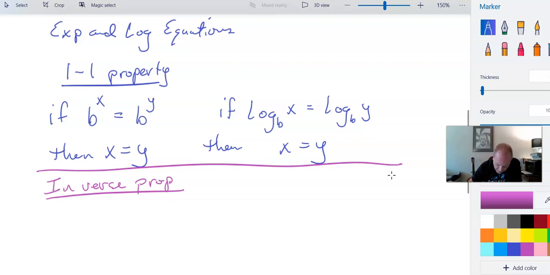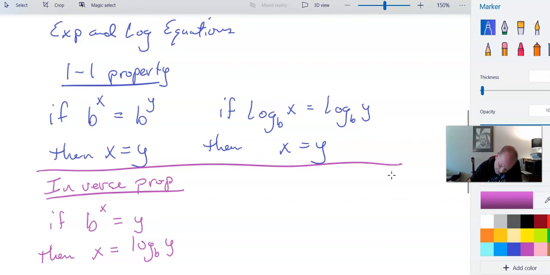So basically, if b to the x is equal to y, then x is equal to log base b of y. This is basically rewriting it in its logarithmic form, and if you do that, you can come up with an answer.